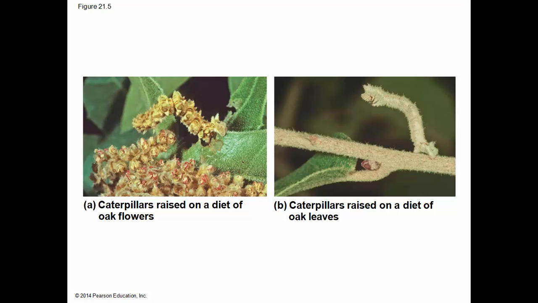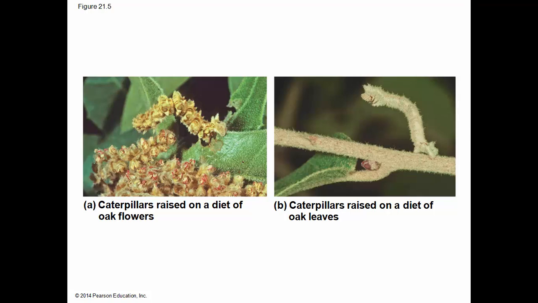These caterpillars, these are cankerworms or inchworms, the same kind that descend from the trees in the springtime. We'll probably see them in the spring semester. They will look more like the oak twigs if they're raised on a diet of oak leaves.